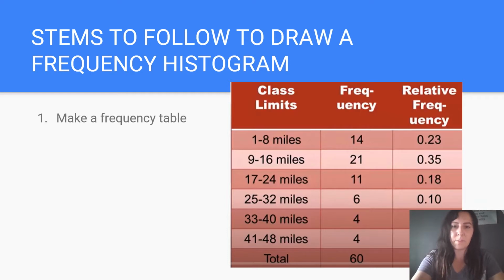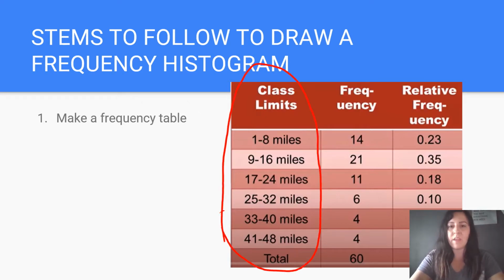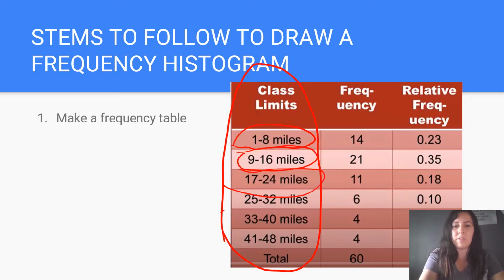The independent variable in this situation would be the class limits. See how these are constant. Each one goes up 8 miles: 8 miles, 8 miles, 8 miles, and so on. So there's an 8-mile difference between every single one.